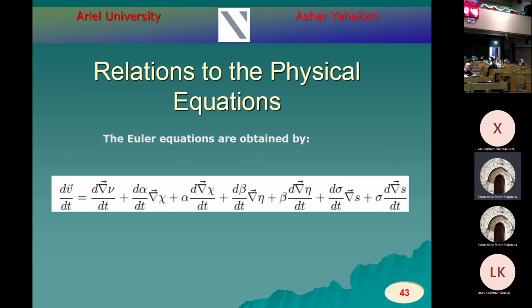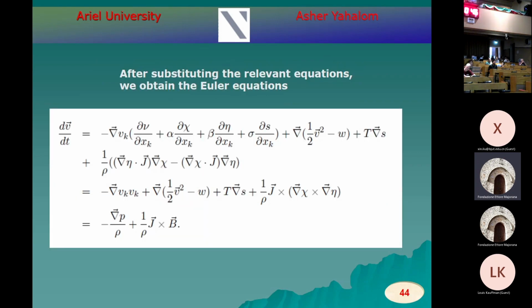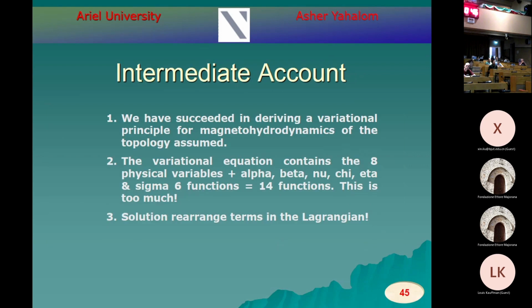Well, if you take the Clebsch form and you make a material derivative, and then you plug in all the material derivatives of the relevant functions appearing here, it's just a few lines to show that the Euler equations are indeed satisfied. So this is just another form to represent the MHD problem. We have all the equations.